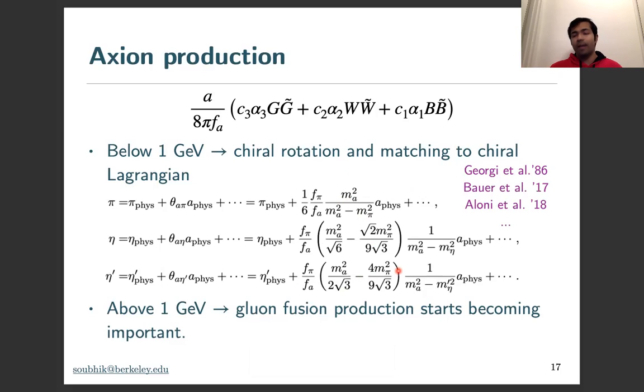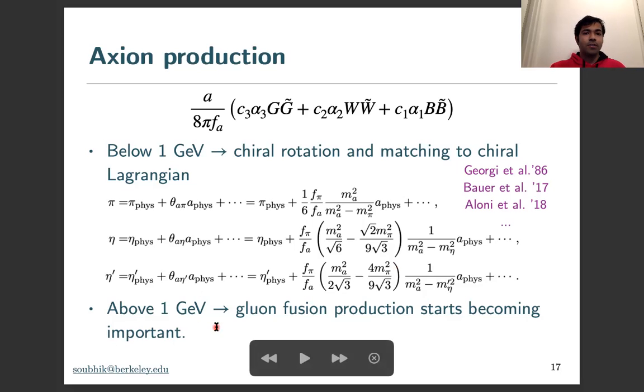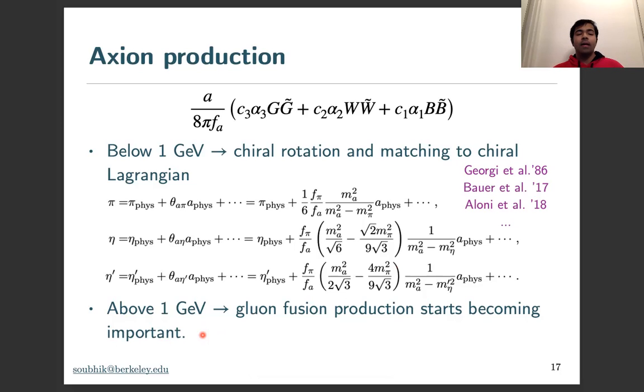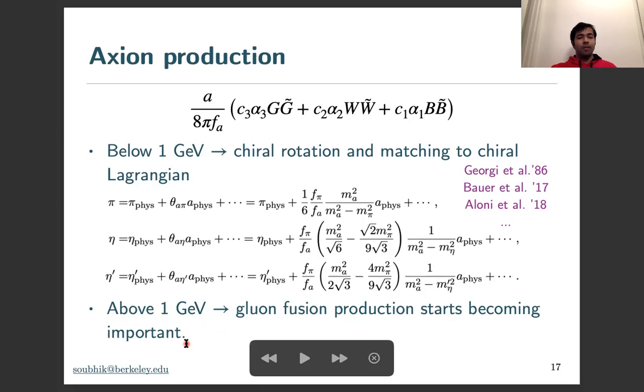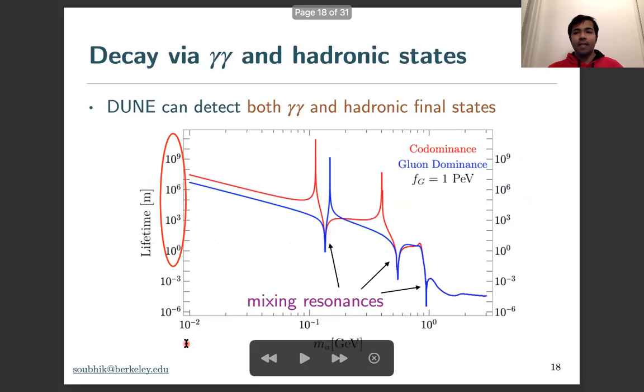But in this talk and in this paper as well, we have taken this approach involving chiral perturbation theory as an approximation. For axions heavier than a GeV, the gluon fusion production would start becoming important. And for more details, I would refer you to our paper. Okay, so that's the production.